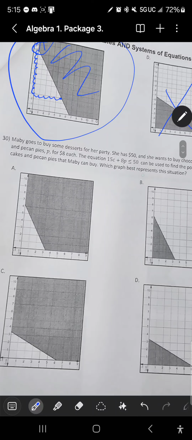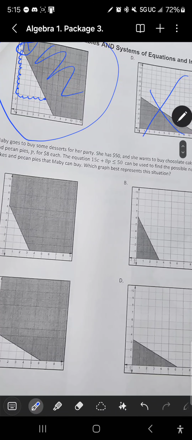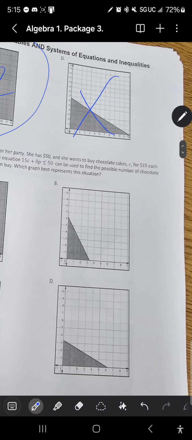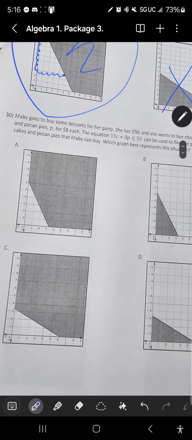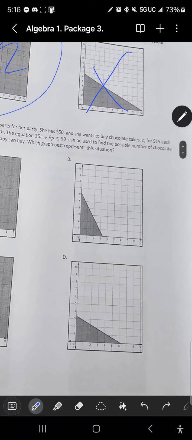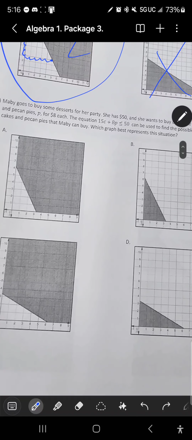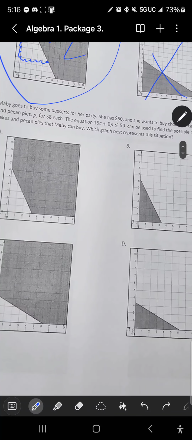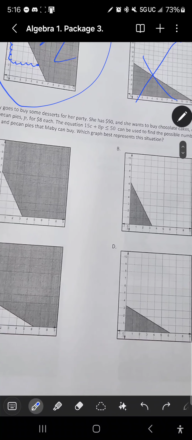Mavi goes to buy some dessert for the party. She has 50 and she wants to buy chocolate cakes, C, for 15 each and pecan pies, P, for each. Okay, we already have the equation. We don't need to worry about this first part. It can be used to find the possible number of chocolate cakes and pecan pies that Mavi can buy.